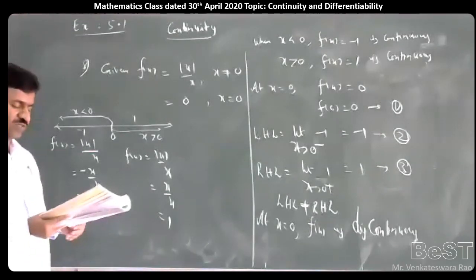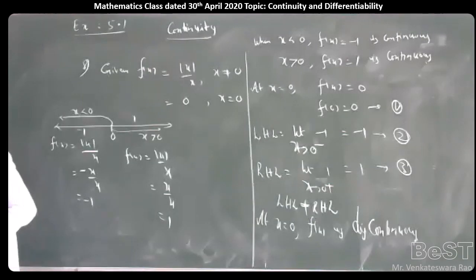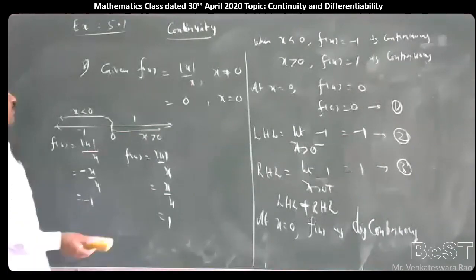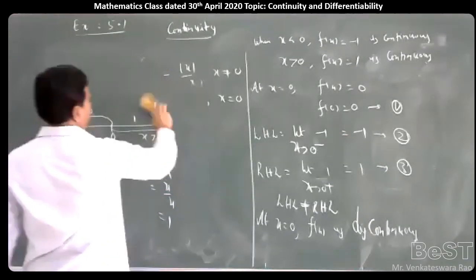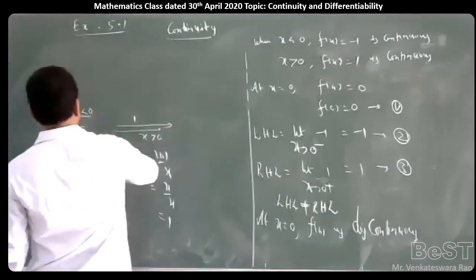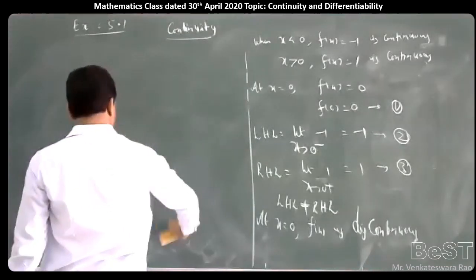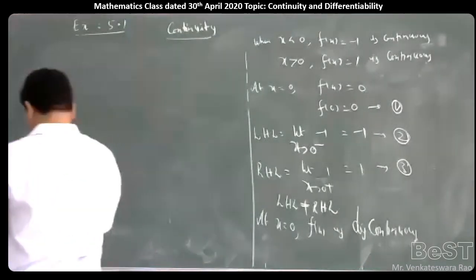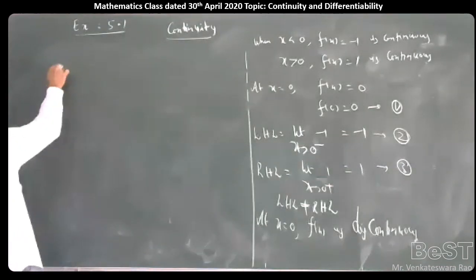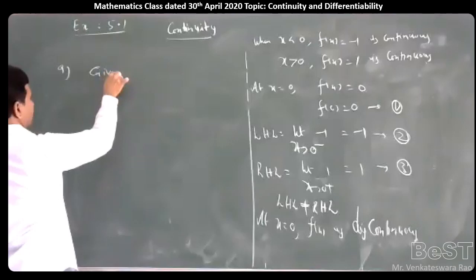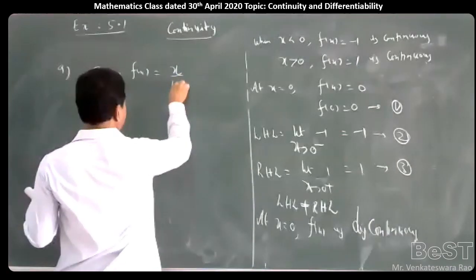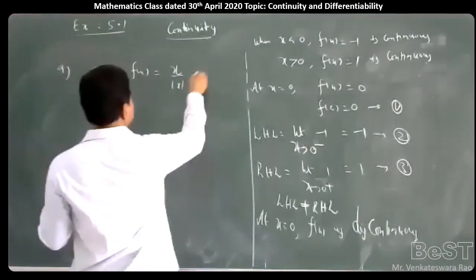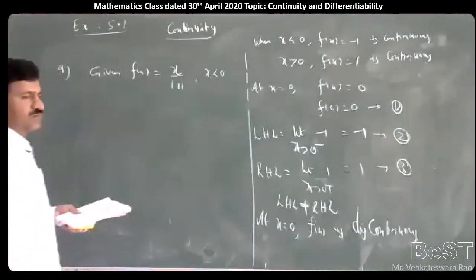The ninth problem, same model. Given f of x is equal to x by mod x when the x value is less than 0, strictly less than 0 condition.